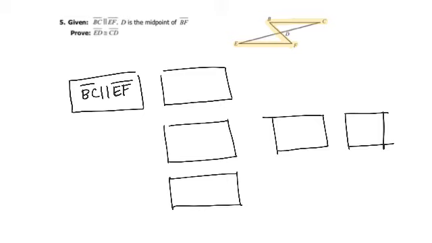And so that's congruent, and that's congruent. And then we can say angle CBD is congruent to angle EFD, and that's by AIA. All right.